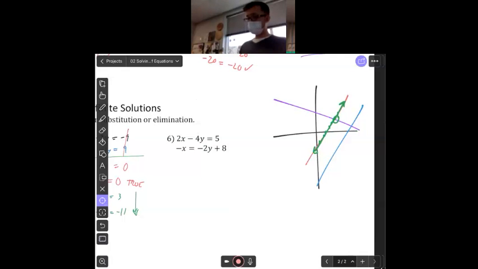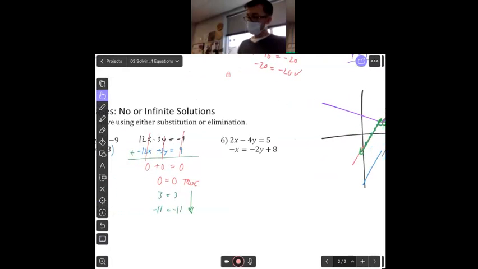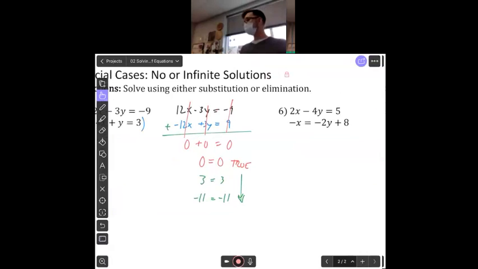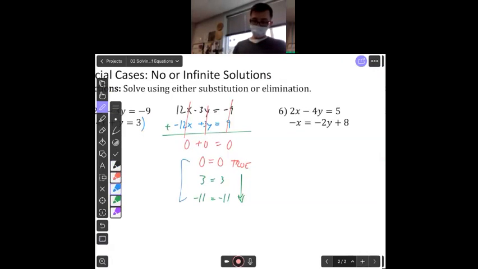Because there's one answer. These are always touching. So when you end up with this true statement, it doesn't matter what the numbers are, as long as it's true, that's an infinite solution. So it's the interpretation of the answer that really matters here, guys. Because we don't actually get an answer. What we find out is that there will always be answers. So you would need to interpret that to say, okay, there's infinite solutions.